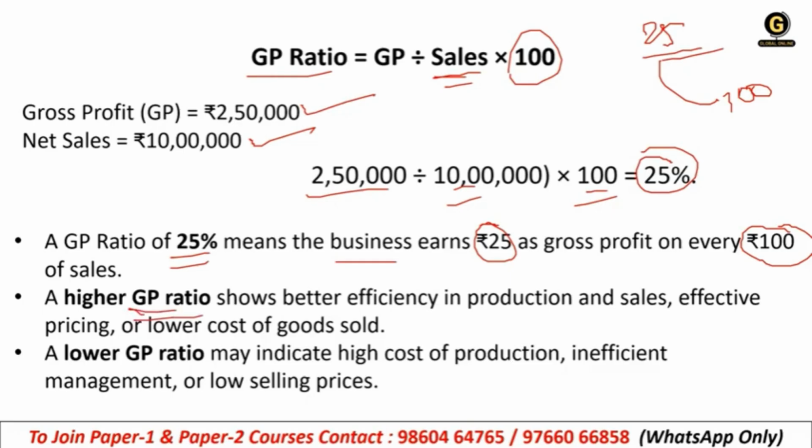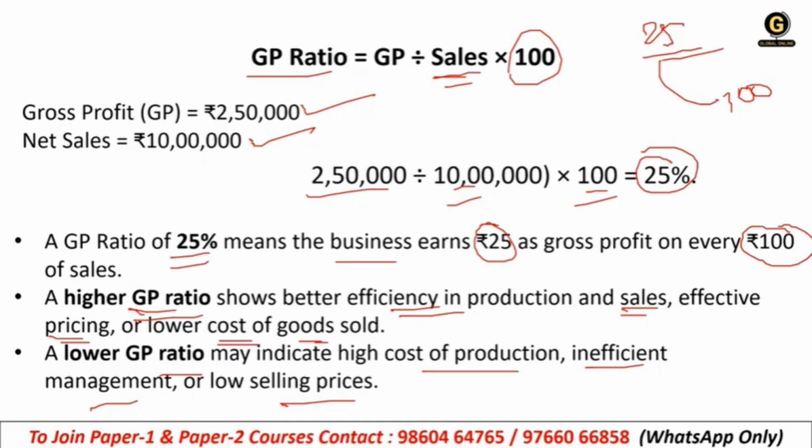A higher gross profit ratio means better efficiency in production and sales, effective pricing, or lower cost of goods sold. A lower GP ratio may indicate high cost of production, inefficient management, or low selling price. These are the possibilities.